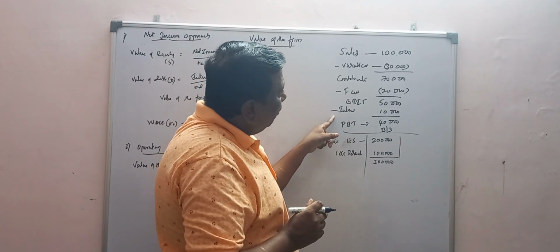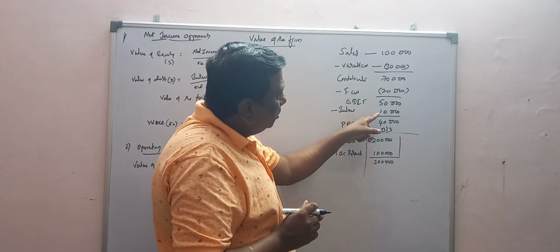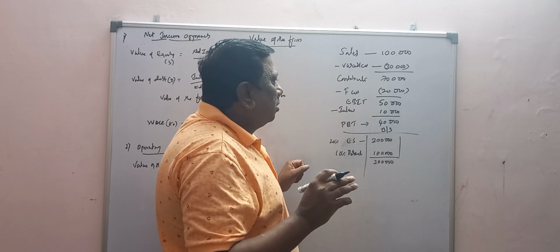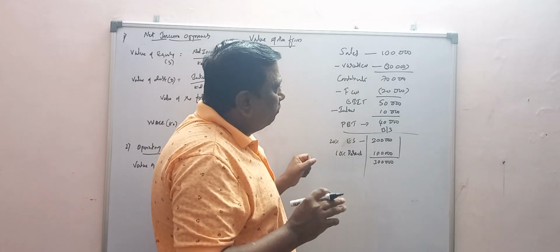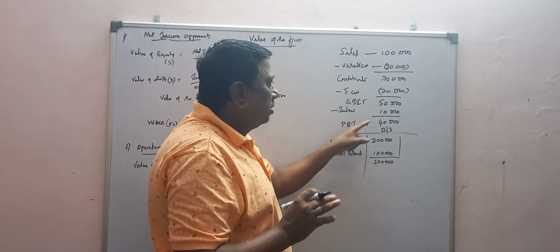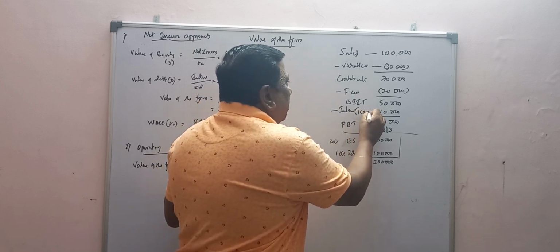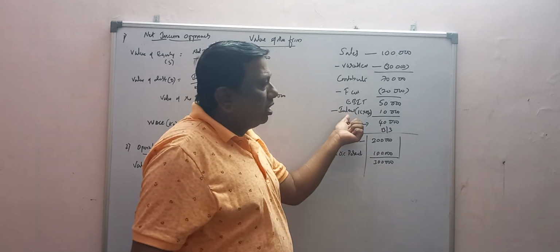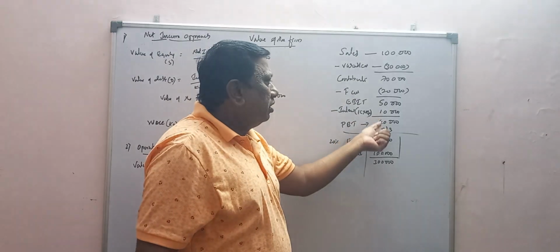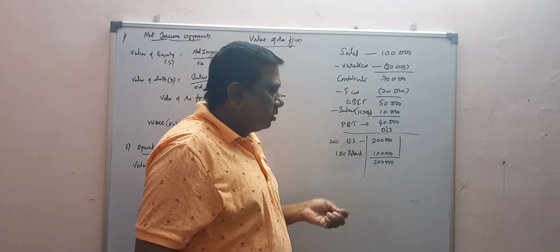If I subtract interest, I'm assuming 10,000 is interest, 10% on 1 lakh of debentures, so I'm writing 1 lakh in 10% debentures. Interest on debenture is this only. So 10,000, and I'll get profit before tax.